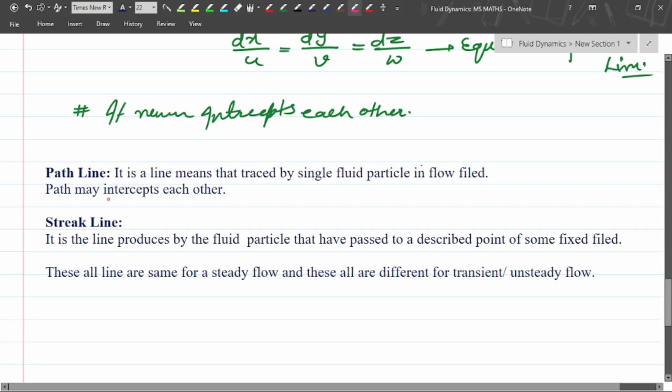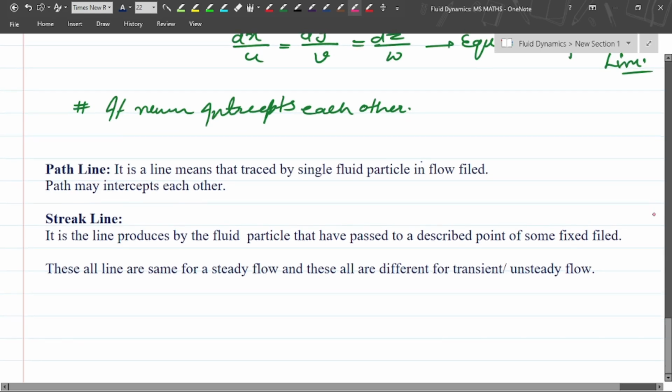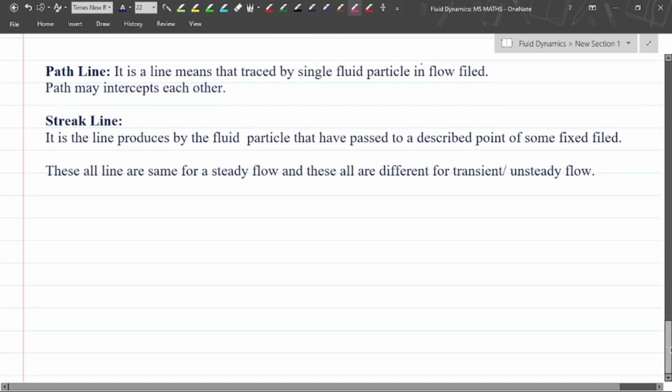Next line is the streak line. It is the line produced by the fluid particles that have passed through a described point of some fixed field. There is a restriction of the field. These three lines are very important to understand the characteristics of the fluid, and these are all the same for steady flow.